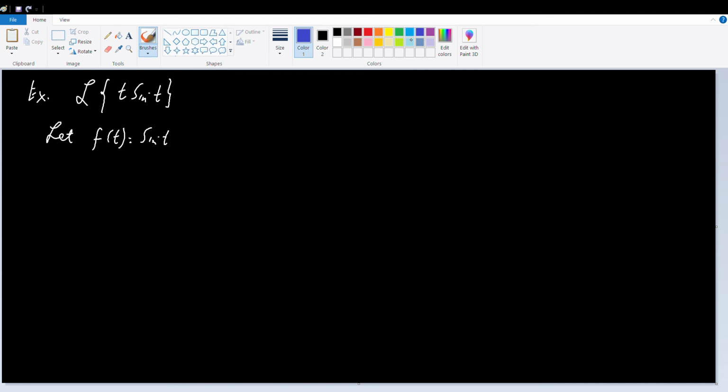You suppress t, and the remaining factor will be your f of t. Then take the Laplace transform of f of t. The Laplace transform of sine t is equal to k over s squared plus k squared, which is 1 over s squared plus 1.